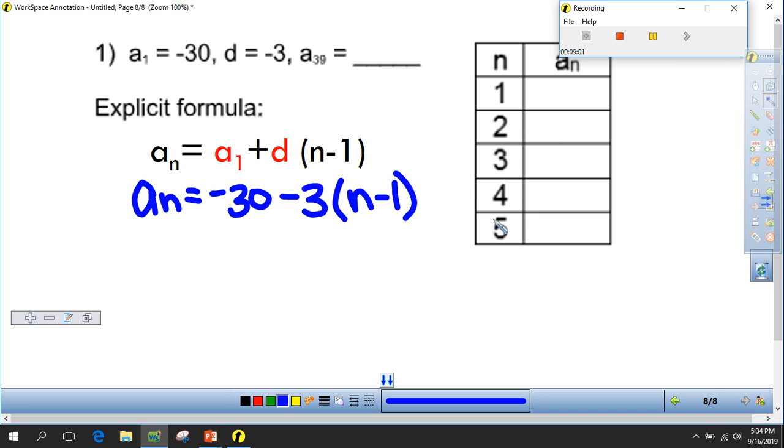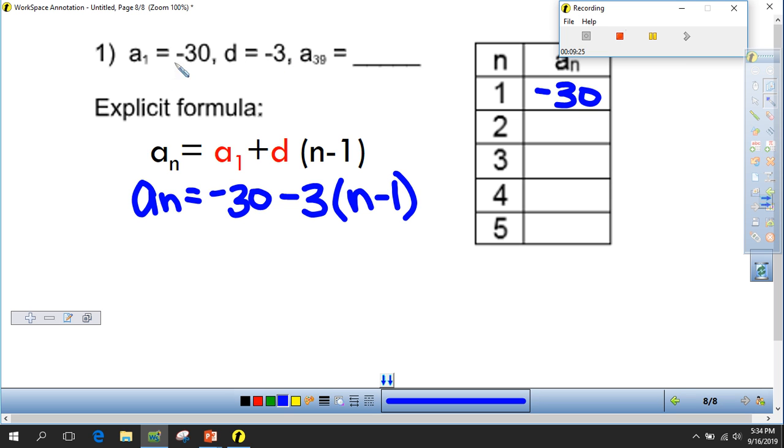Now, to build this table, I have one of 2 options. I can put this in my calculator and say y equals negative 30 minus 3, parentheses, x minus 1. Do menu 5-1 and trace that graph. And to find my first term, I just hit 1 and enter. And when I do that, I get a negative 30.